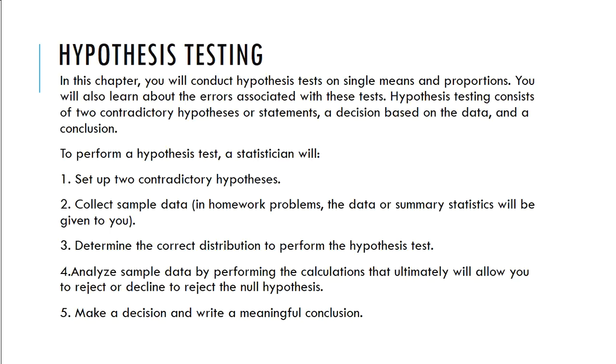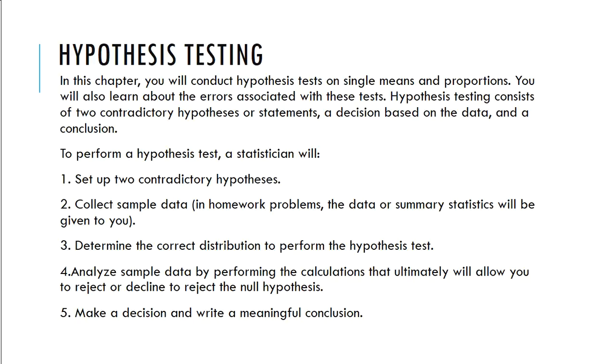Hypothesis testing consists of two contradictory hypotheses or statements, a decision based on the data, and a conclusion. In order to perform a hypothesis test in this class, you're going to set up two hypotheses and collect sample data, but in your case, the data is already going to be given to you. You're going to determine the correct distribution to perform the hypothesis test.